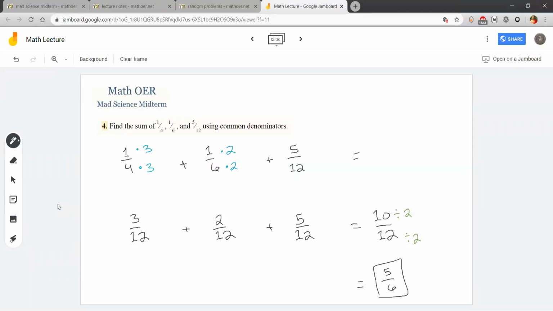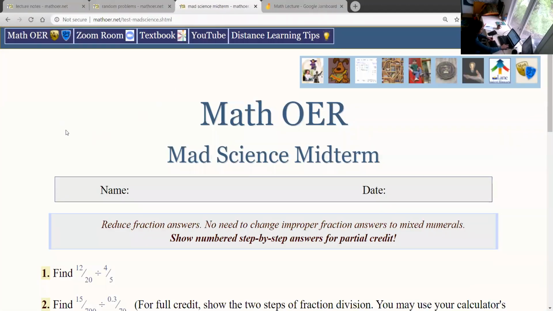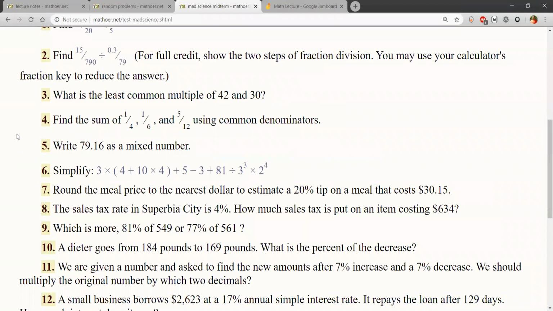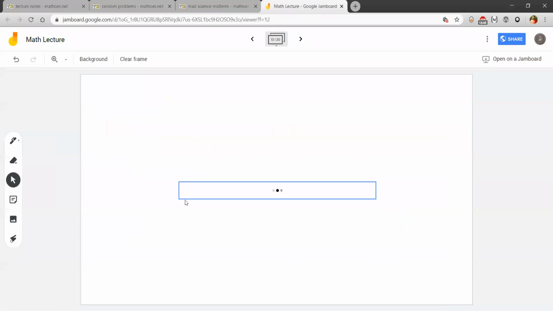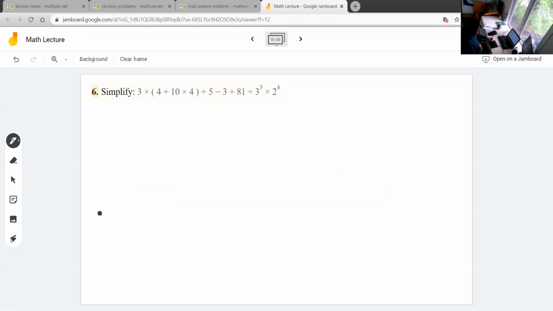I think it was number 6 on there. Sure. So we're back to over here. This one. Yeah, number 6. So my first step for number 6 is to rewrite it because I want to make space where the terms are. So 3 times 4, and I'll put a little space even within the parentheses to show that this is a term and this is a term within its own thing.